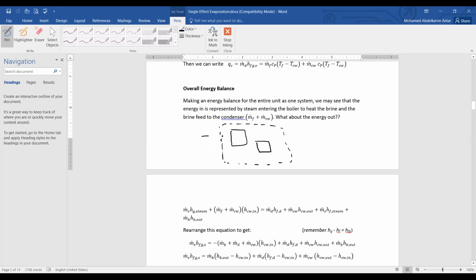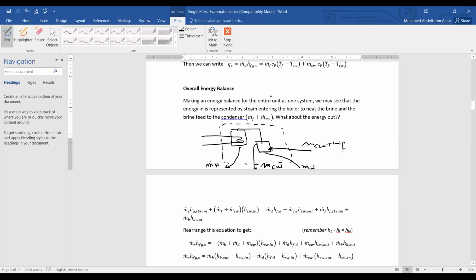Steam will cross the system to condense here and then get back again. Seawater will cross the system as it enters here, so we have m dot cooling water plus m dot feed. When it heats up, the m dot cooling water will be thrown away alone. And the brine will be crossing the system out. The vapor that forms here is going to enter here, so we will not see it crossing the system. And there is the m dot distillate leaving the system.